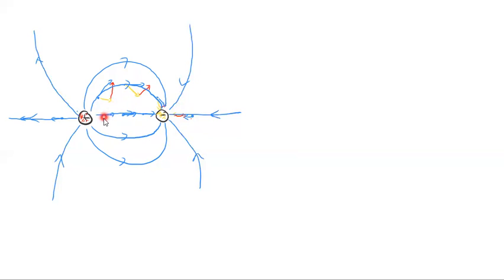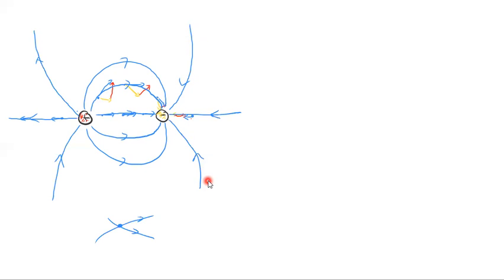Now, these are field lines. Can these field lines cross each other? No, because remember, a field line is meant to show you the direction of the force. If you've got field lines crossing each other, then you're telling me that at this point the particle goes in two directions. That doesn't make sense.